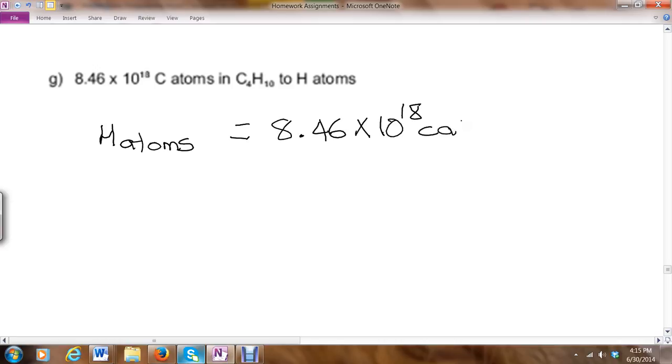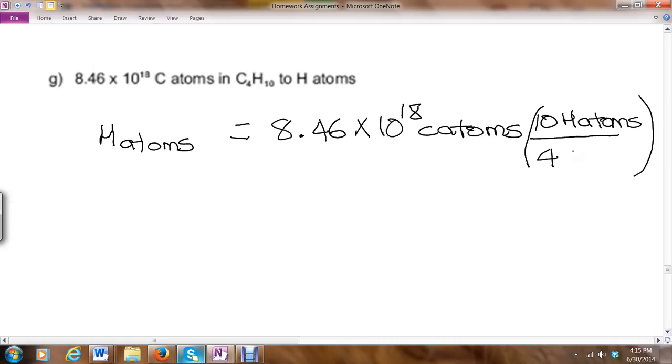Now, how many hydrogen atoms do you have? And we put it on top because that's what we want. 10 hydrogen atoms in 4 carbon atoms. This is the conversion, meaning that in one butane C4H10 molecule, we have 4 carbon atoms and 10 hydrogen atoms.